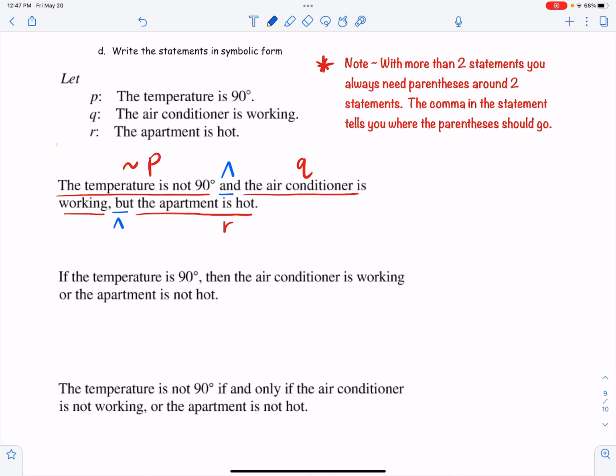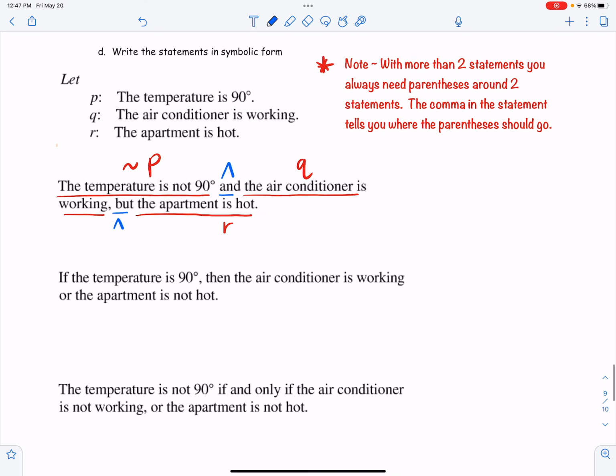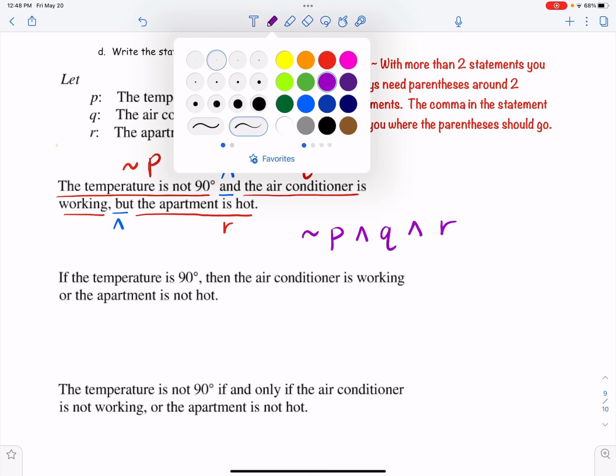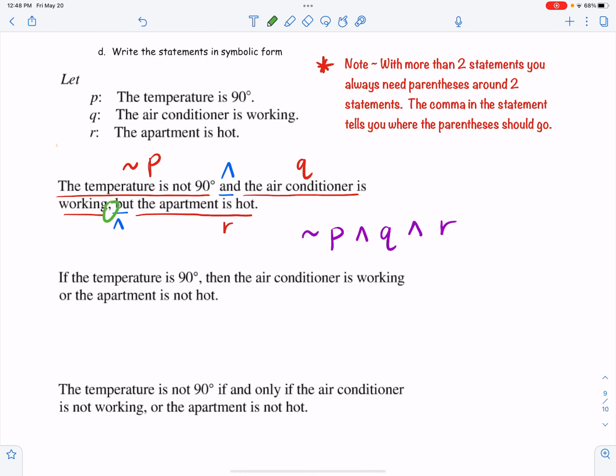Now it's not correct if I come down here and I say not P and Q, but R, because that doesn't let anybody know which 2 or which part of this statement should be done first. So I'm going to go back and search for the comma in the statement, wherever that comma occurs.